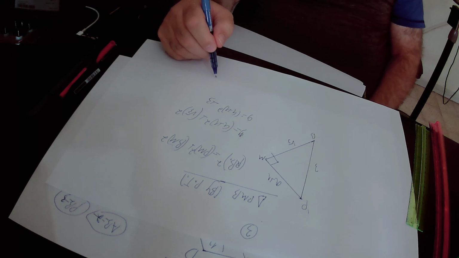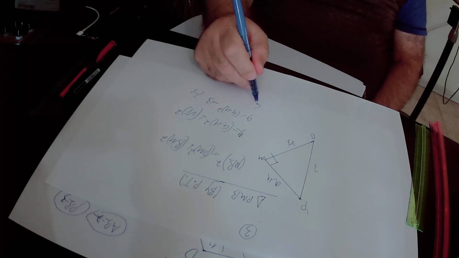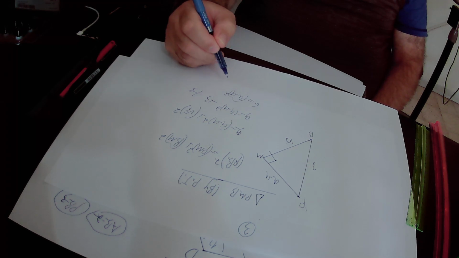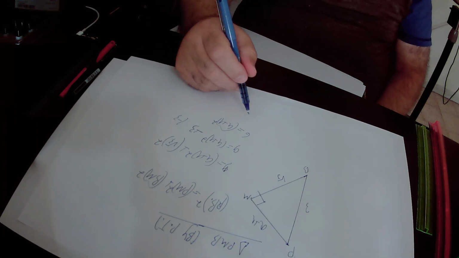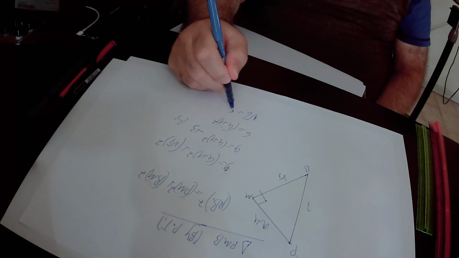Here we subtract 3 from this equation and we get that 9 minus 3 is 6. 6 equals A plus 1 squared. Here we take the root of this equation and we get that the square root of 6 equals A plus 1.